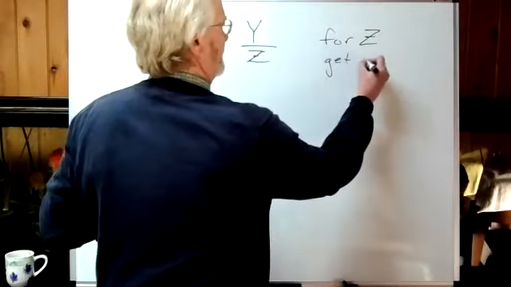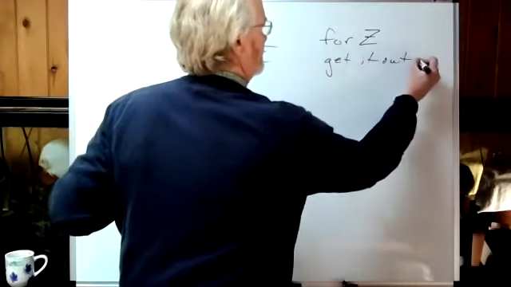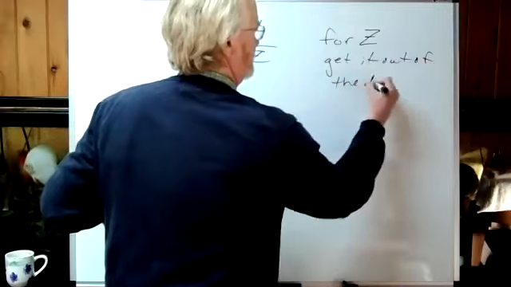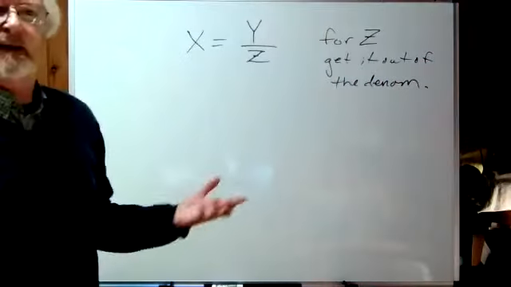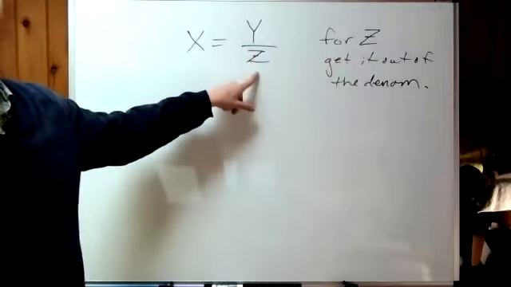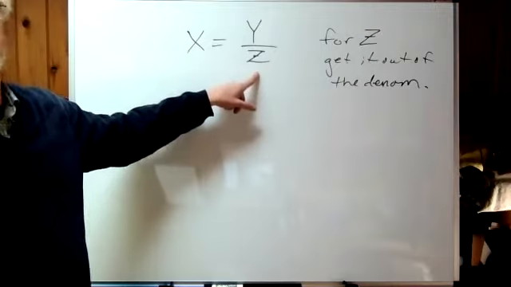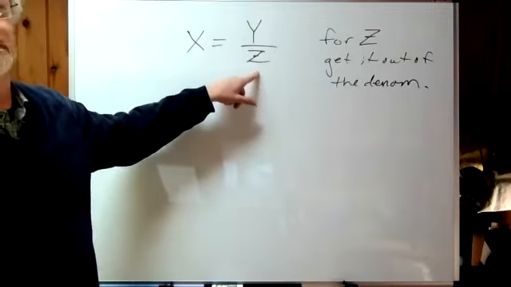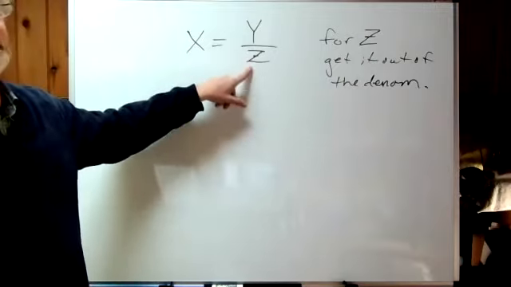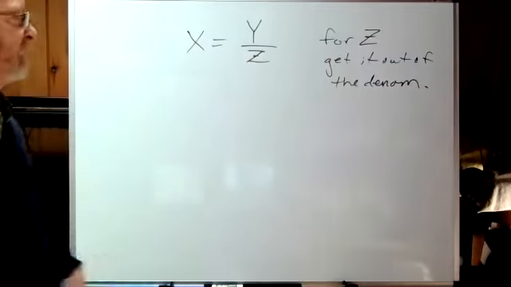How do I do that? Right now it's saying I'm dividing by what I want to get at. Well, to get it out of there, I have to multiply both sides by that quantity.